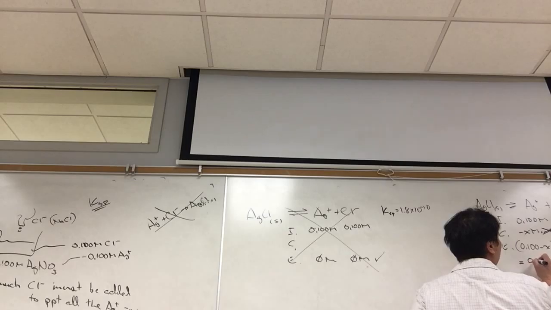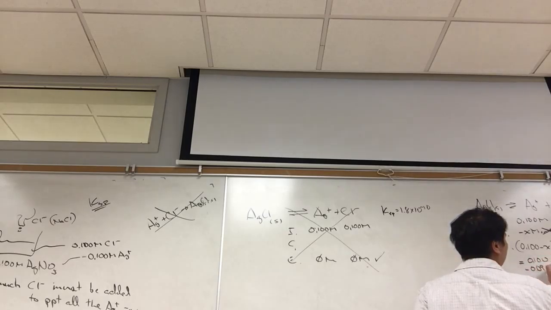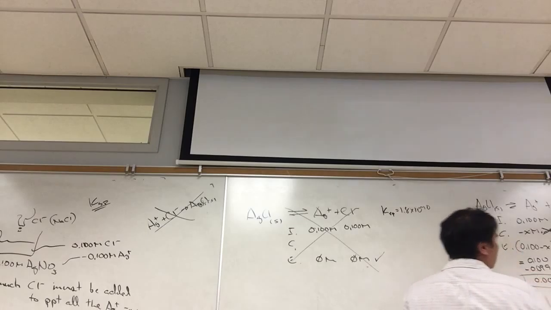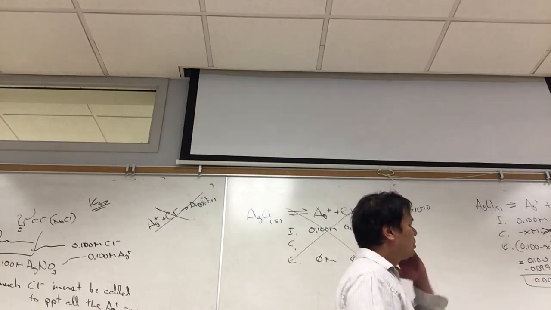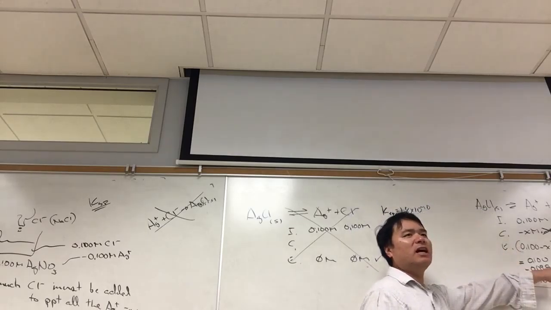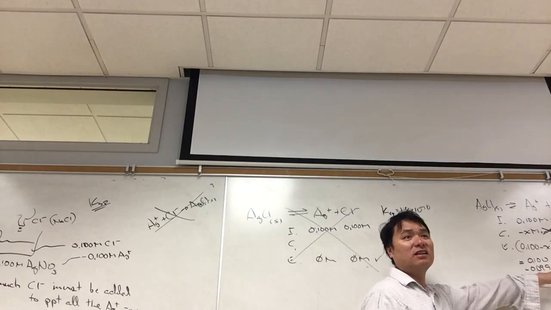So this is going to be 0.100 minus 0.0999. This is going to leave me with, in other words, I'm going to precipitate out 99.9%, not 100%.